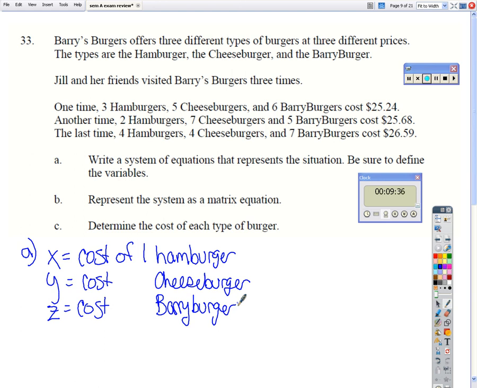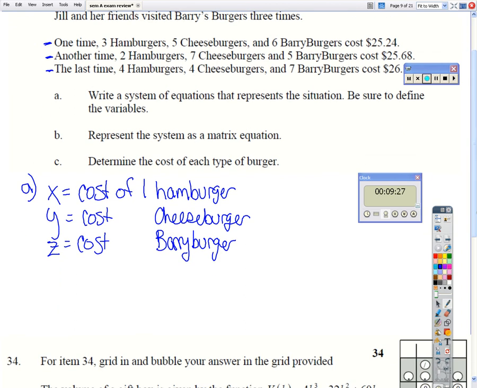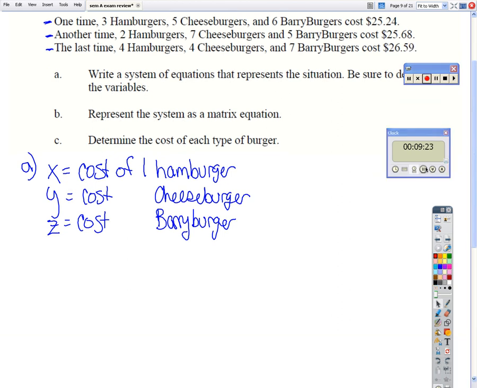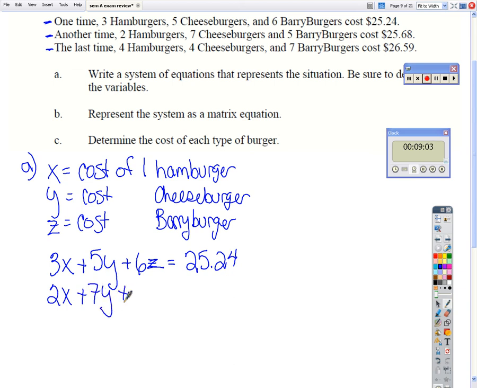Now, each of these sentences will be one of my equations in the system. So 3 hamburgers plus 5 cheeseburgers plus 6 berry burgers, oops, I forgot my Z, is $25.24. And then 2 hamburgers plus 7 cheeseburgers plus 5 berry burgers is $25.68.